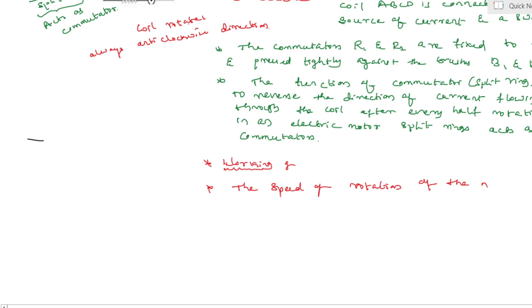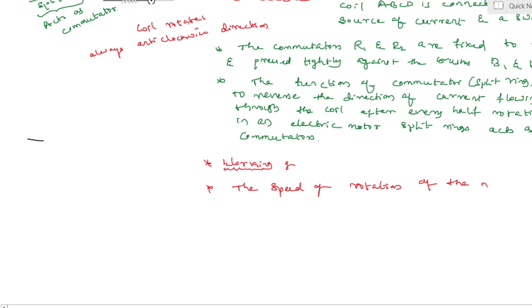Yes, my students, how do we increase the speed of rotation of the motor? It can be increased by increasing the strength of the current in the coil and increasing the number of turns in the coil. When the number of turns is increased, the speed of rotation is increased in a motor.